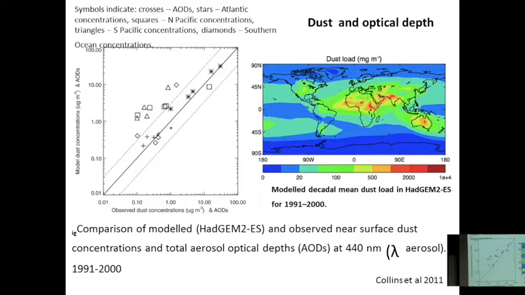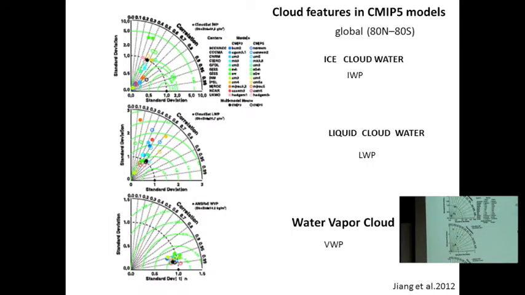And in the Pacific, these are squares. This is very close, but this is too far from this line. And the diamonds, that's this here and here and here, are in the Southern Ocean. So this is one way to compare and evaluate the dust in the models.